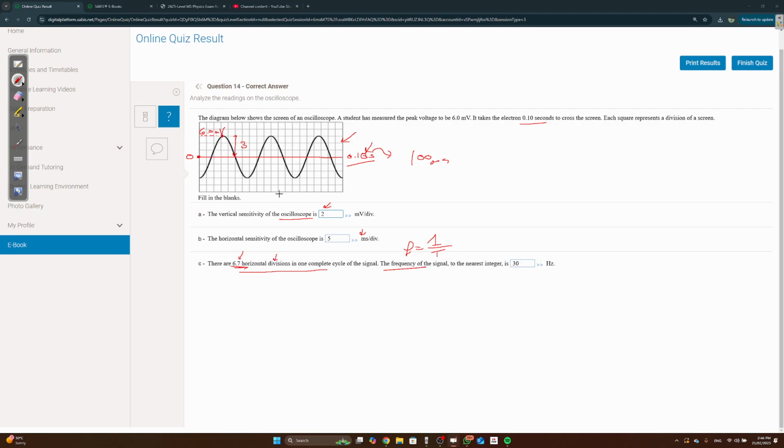We know each division is 5 milliseconds. So if I have 6.7 divisions, can I find out how much the time is for one complete cycle, which is basically the period? Yes, of course I can. For one cycle, it's 6.7 divisions, and each division is 5 milliseconds.